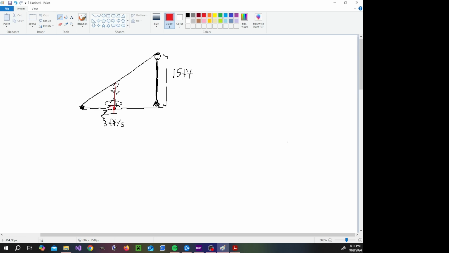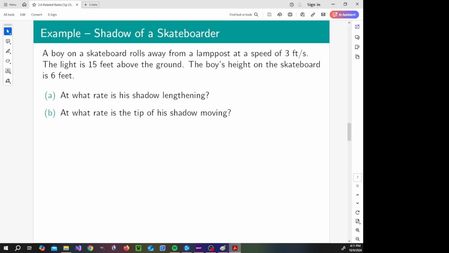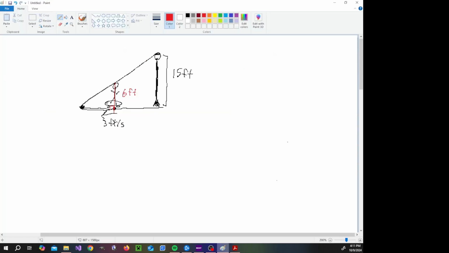We have the triangle that the boy on his skateboard is the height of, which the problem says is 6 feet. And then we have the length of his shadow on the ground, right?